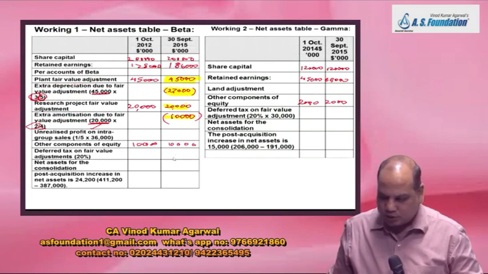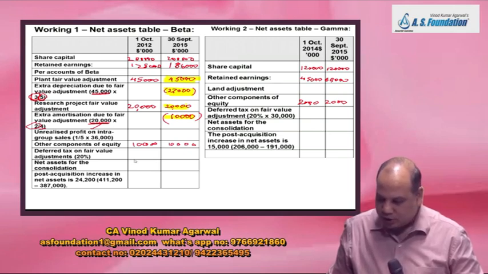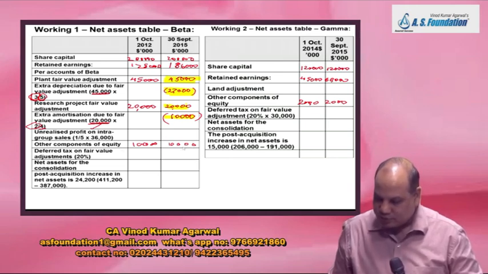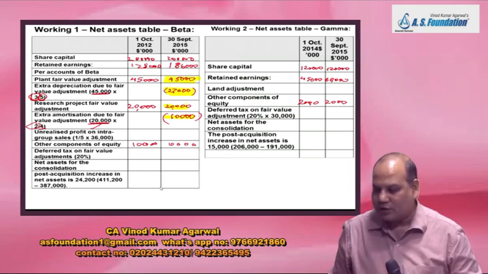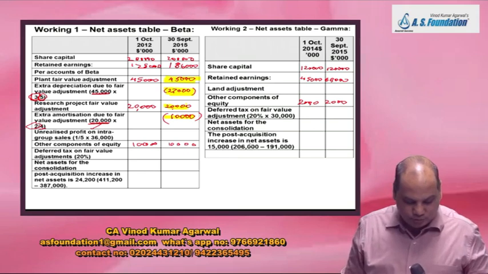Next item in the question, temporary difference, but that I will do little later because some more figures are yet to be completed. That is not there, but first we'll finish up to this. Once we are sure that this table is over, then we'll go to the last three line. Okay, wait a minute. Next point number 2, impairment review of goodwill.